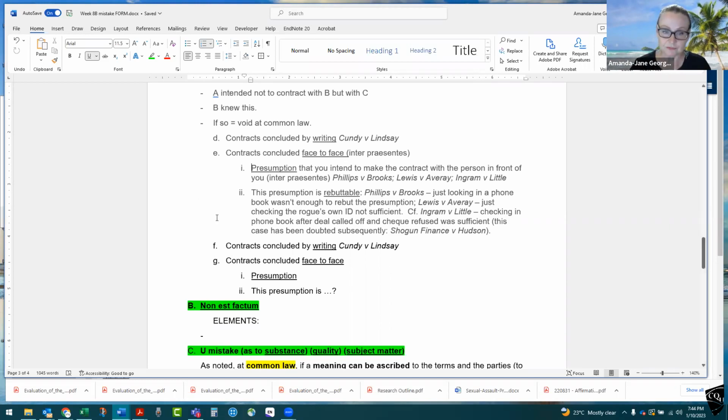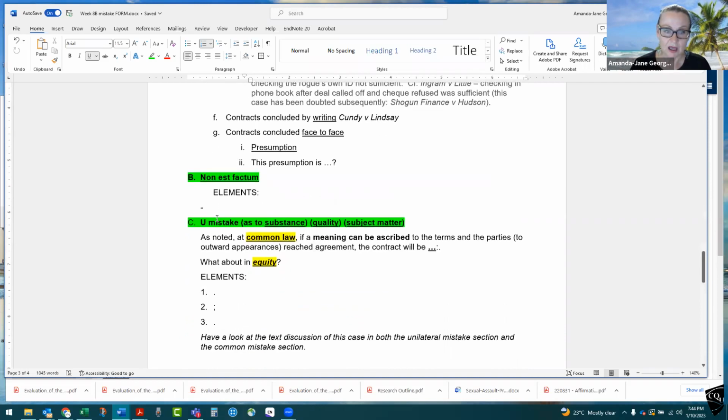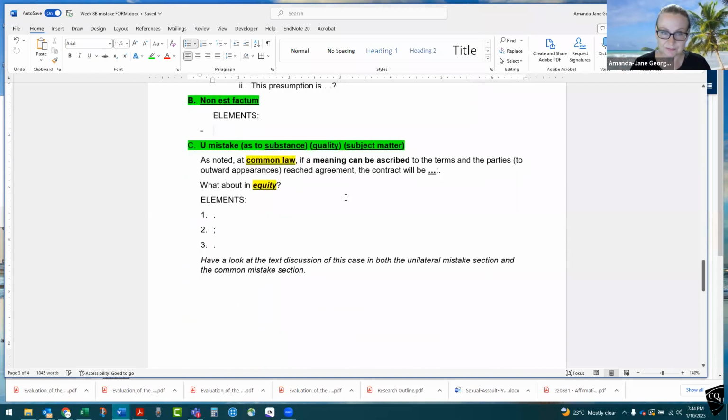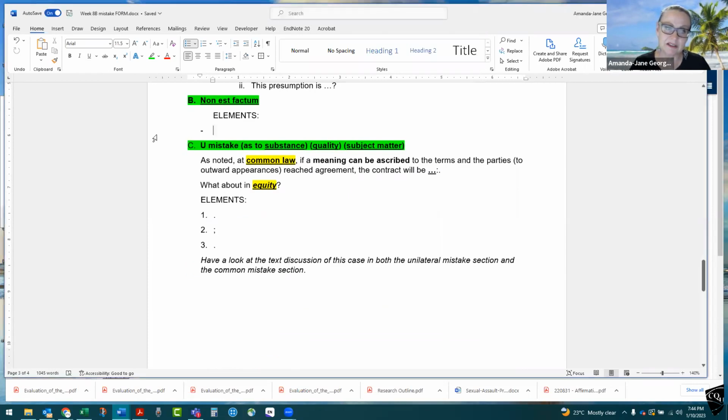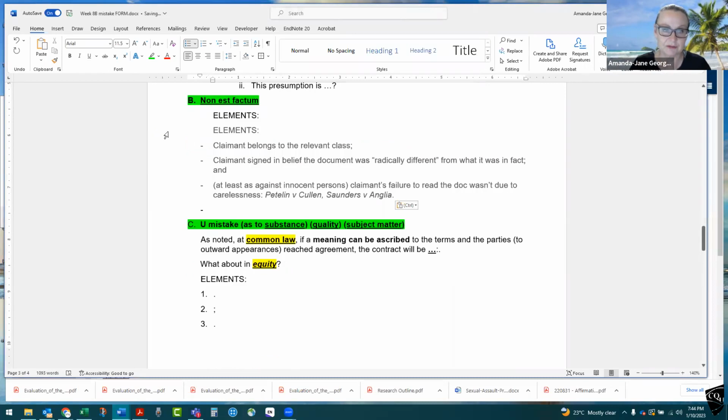Okay. Non est factum. Non est factum is a funny little area, and it's all about protecting people in a particularly vulnerable situation. So the relevant class of people is usually people that are dependent on the person that they're dealing with to be transparent.